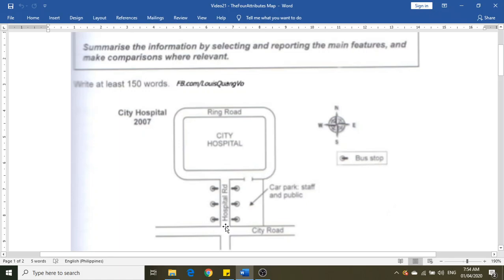As we traverse Hospital Road, we will arrive at the main entrance of Hospital Road, and we will see that in order to exit the venue, we will now have to traverse the encircling ring road in order to exit the said hospital.